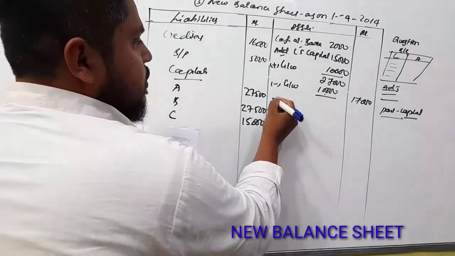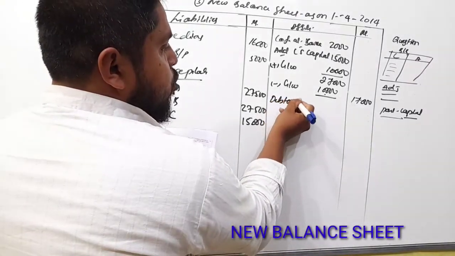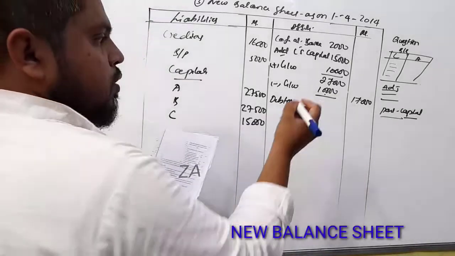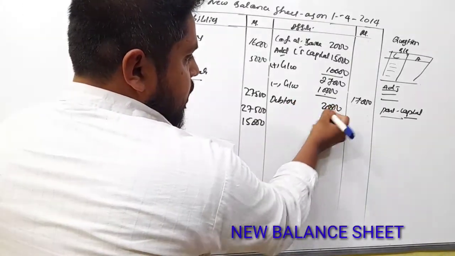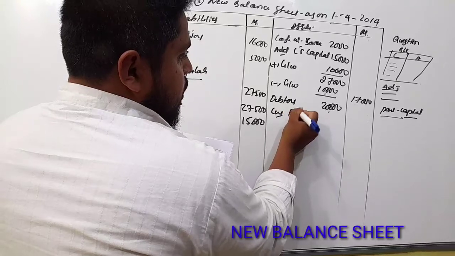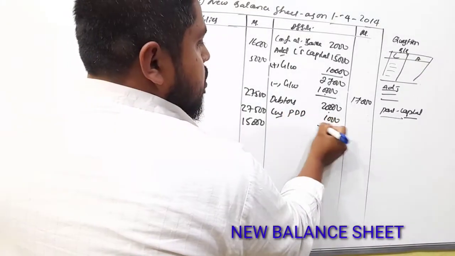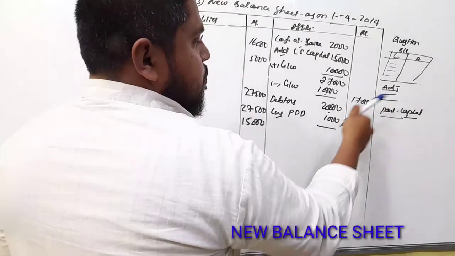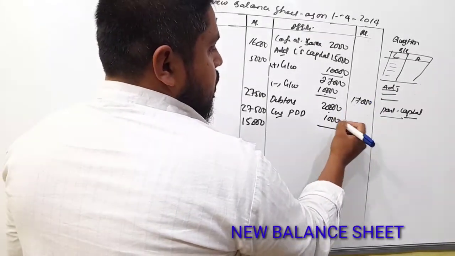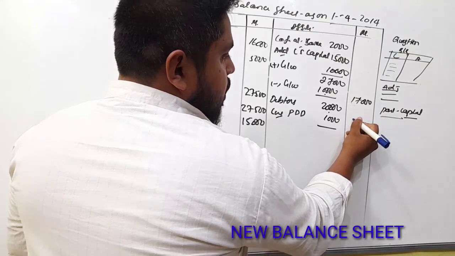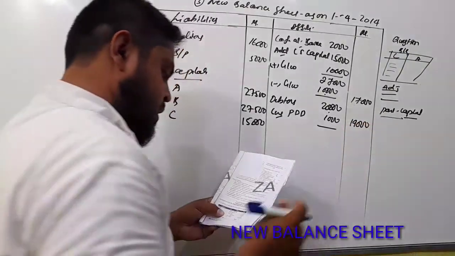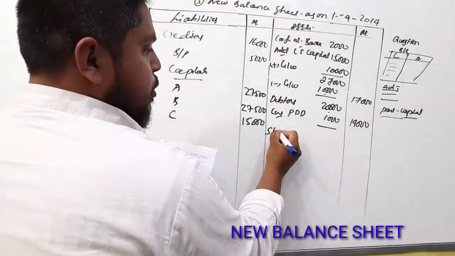Next, debtors. For debtors you got an adjustment. Write 20,000 in the inner column. Less provision for doubtful debts 1,000, we have to minus. So as per the adjustment you got 19,000. Next, stock.